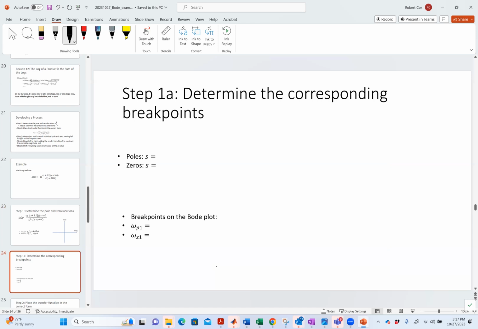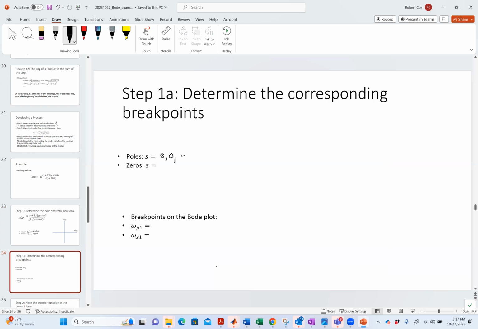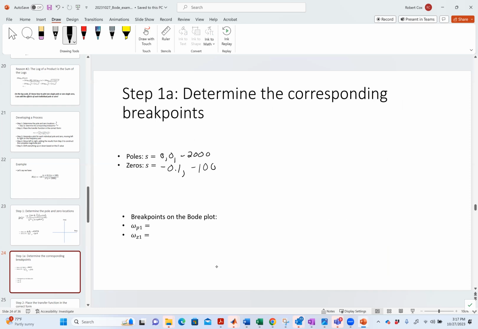So my poles were at 0 and 0, and at, why can't I remember? -2000. And then the zeros are at -0.1 and -100, right? So what breakpoints does that give me?